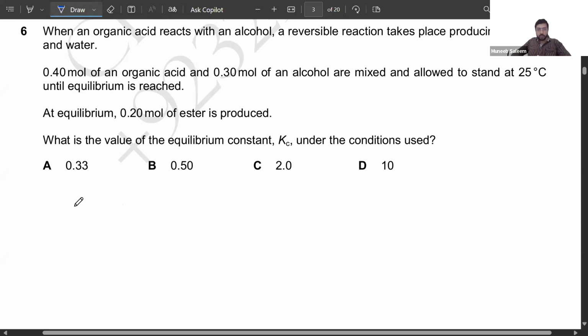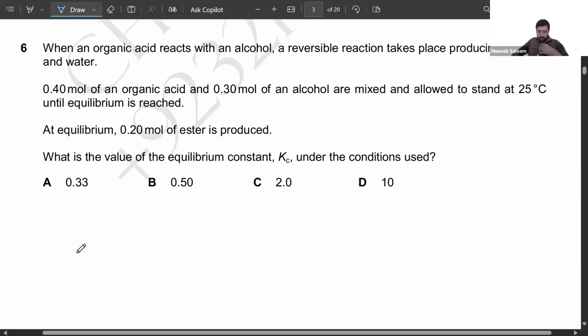So here we are not given the actual formula of the alcohol, of the acid, and of the ester, which means we can write a generalized equation here. So I'm going to construct a generalized equation of the alcohol reaction with the acid, and we know as a result of this reaction, we will have the formation of the ester and of water.